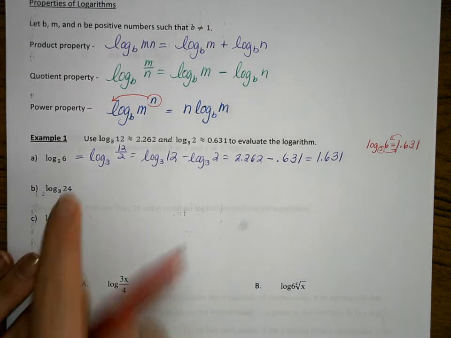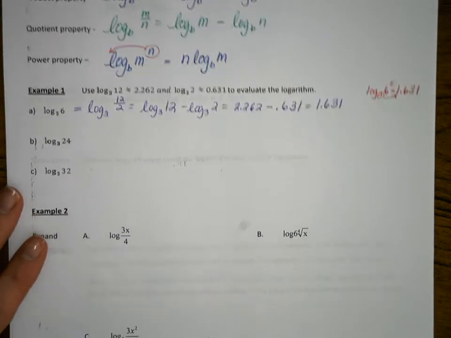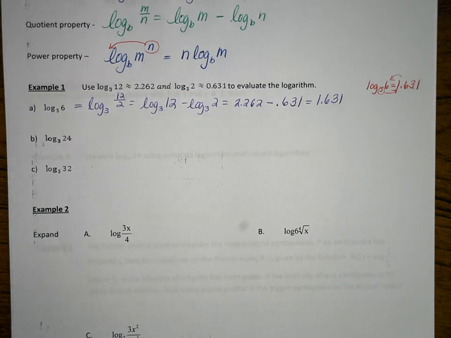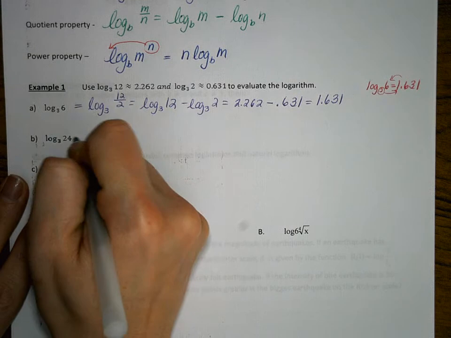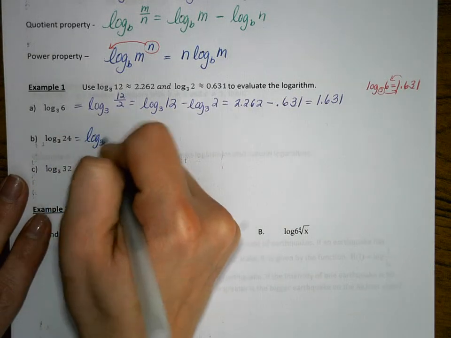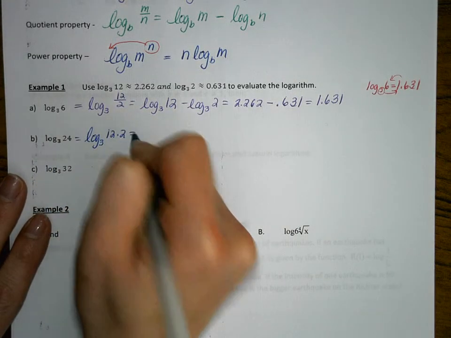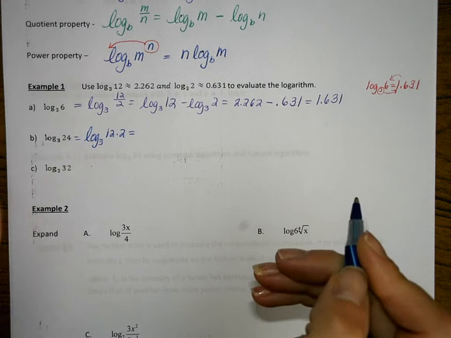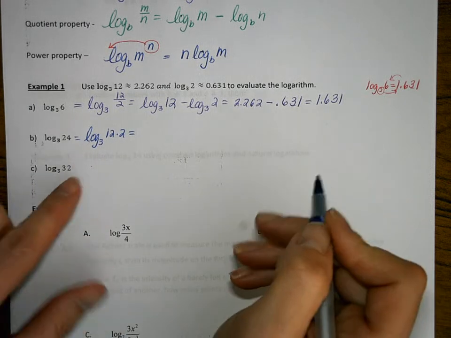All right. Now, log base 3 of 24. All right, I know 12s, I know 2. How do I get 24 from 12s and 2s? 12 times 2, absolutely. So that means that I know that this is log base 3 of 12 multiplied by 2. All right, Brooke, how am I going to break this apart?